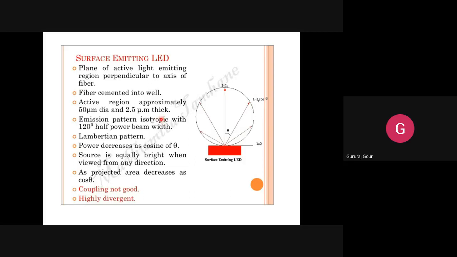Okay. So the active region is approximately 50 micrometer in diameter, 2.5 micrometer thick. That is going to give such an isotropic pattern of the emitted light with a maximum power in the middle, but we refer to the 120 degree half power beamwidth, that is a more focused one.